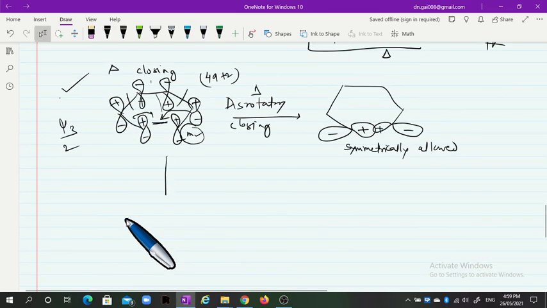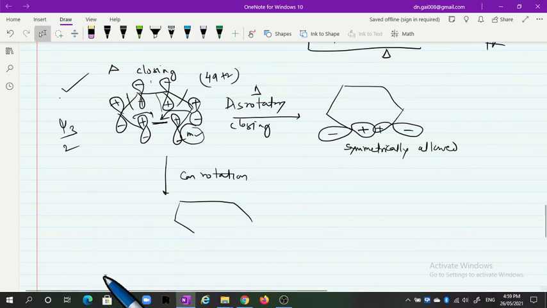But when conrotation occurs, thermal conrotation, you find that positive and negative combine. Therefore this is symmetrically forbidden. Conrotation is symmetrically forbidden.